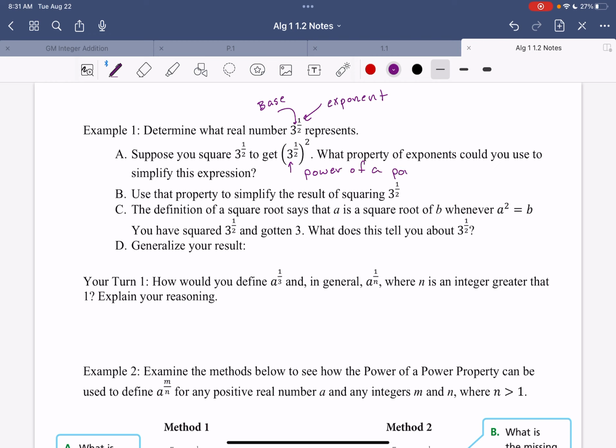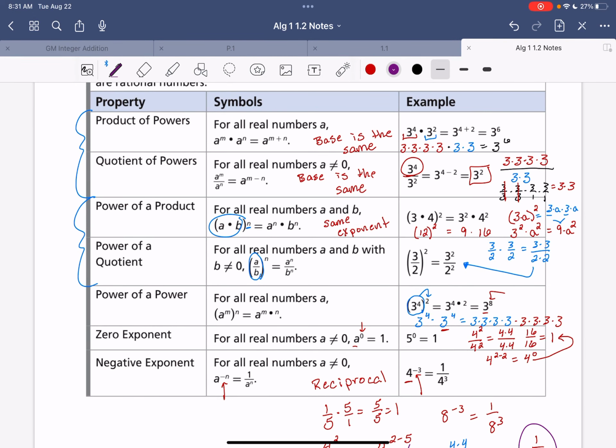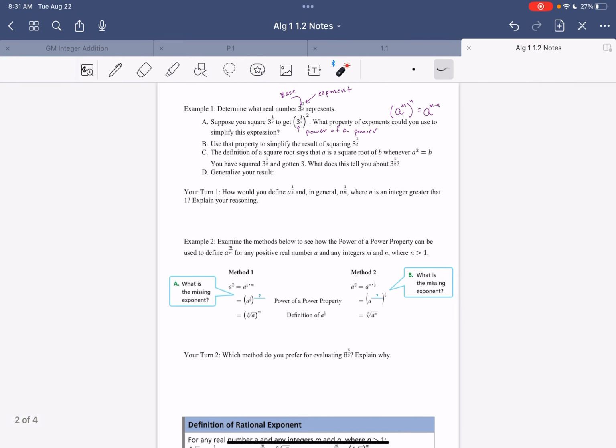Again, you don't need to worry so much about remembering the name of it, but I'm going to write it down, which tells me a to the m to the n is equal to a to the m times n, right? We can go back and look. Yep, I multiply m times n. Okay. All right.